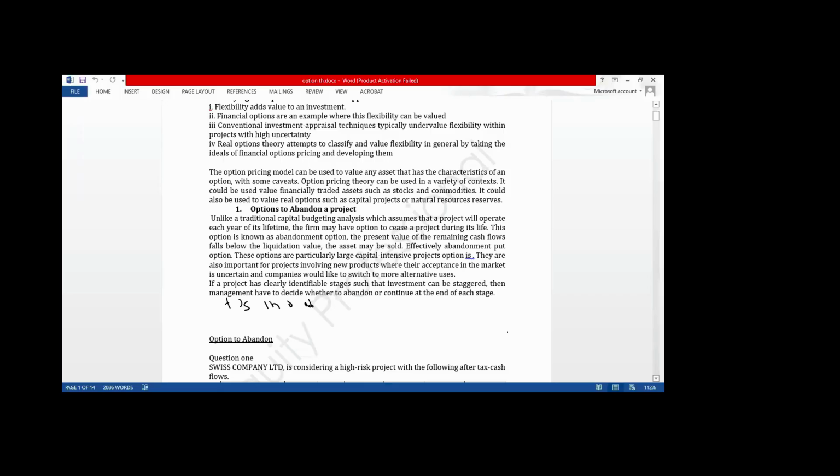When we commence the project, we invested 500 million. Our expectation is that in year 1, we are going to get a return of 200 million. Year 2, our expectation is that we are going to get a return of 300 million.